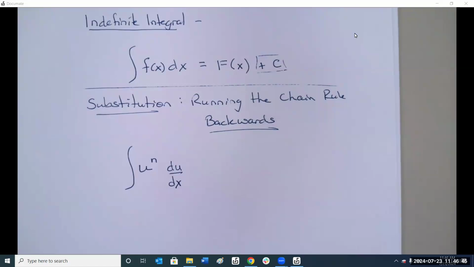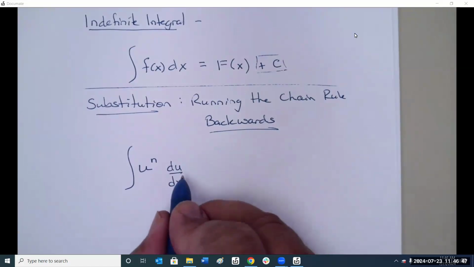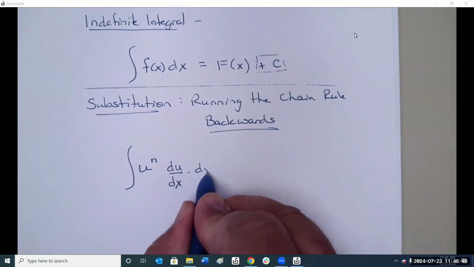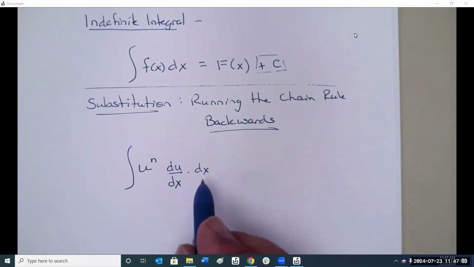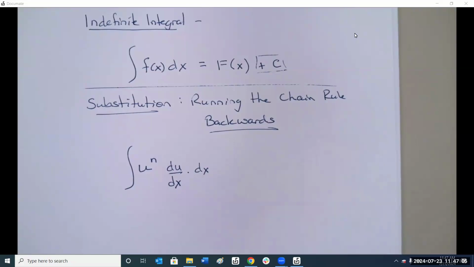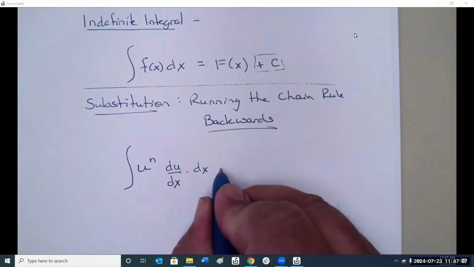Then we also have to have a du dx times dx. Because whenever you do substitution and you convert the function to u, you also have to tell me the du dx part. And we're integrating it with respect to x overall.